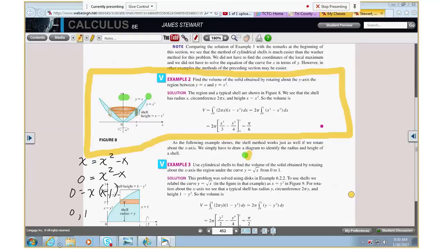Well, there's 0, so this must be 1, and if you plug in 1, you should get 0. Yeah, so that's 1 right there. So it's going 1 to 1. Yeah, the 45-degree angle is 1 to 1, so that's where they get the 0 to 1.